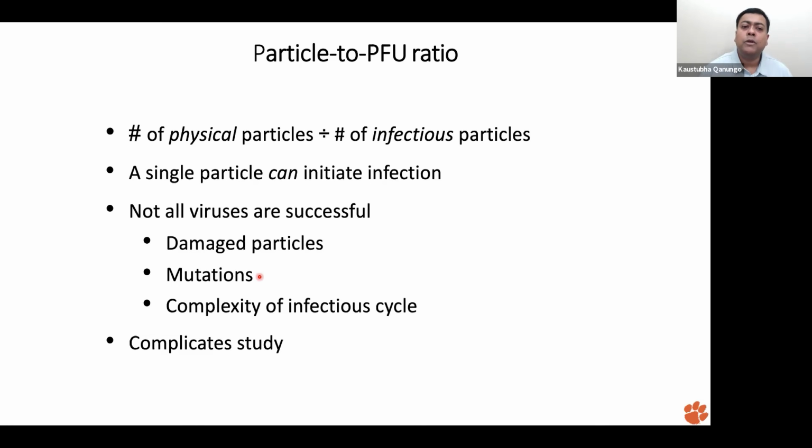Some of them will mutate into virus particles which will be completely damaged, in the sense that they will not be able to mount an infection as such. Some of them could be attenuated. That means that some of them can form an infection where the particle to PFU ratio becomes much higher. And these complicate the study.